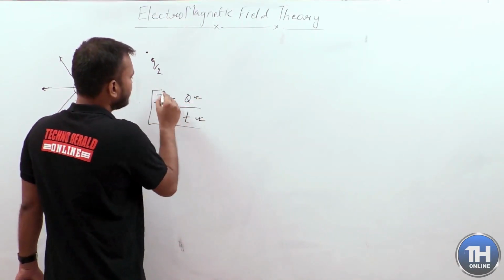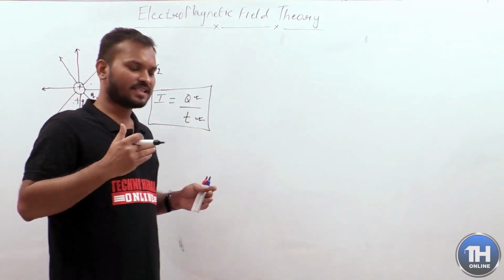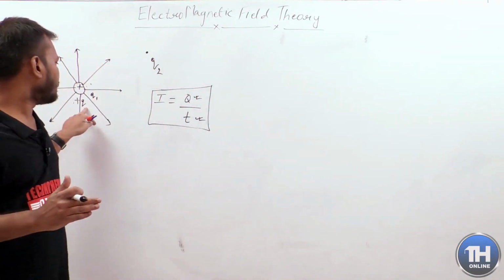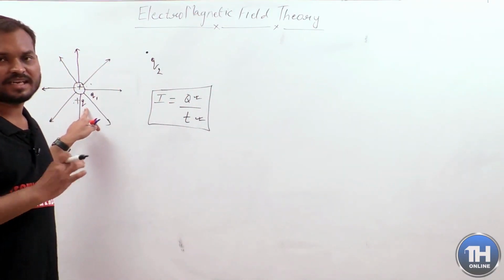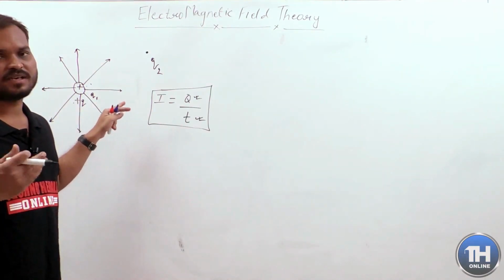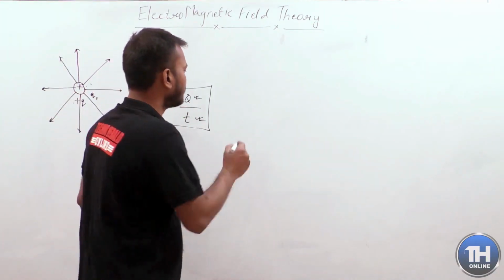That is, charge flowing per unit time is nothing but the current. When the same charge is at rest, we study these concepts in electrostatics, and when the same charge comes into motion, it becomes the current. And after the current, what comes?